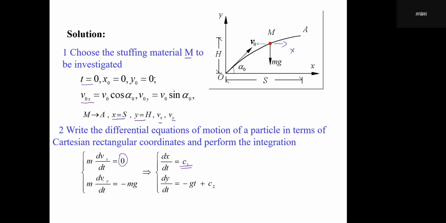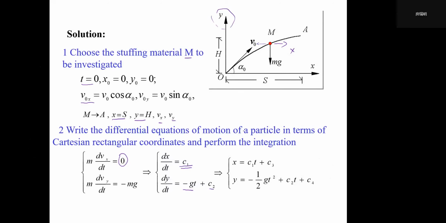And secondly, m dvy/dt should be minus mg, because our positive direction here, and mg is along this direction. That's why we have this minus direction, because mg is in the opposite direction to the positive y direction. Then we have this: minus gt plus another constant C2.